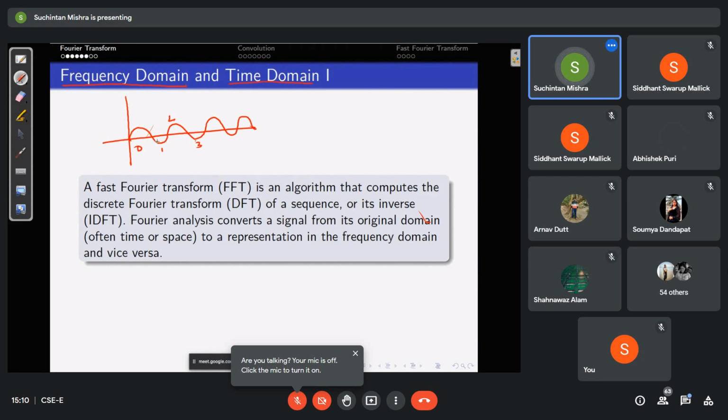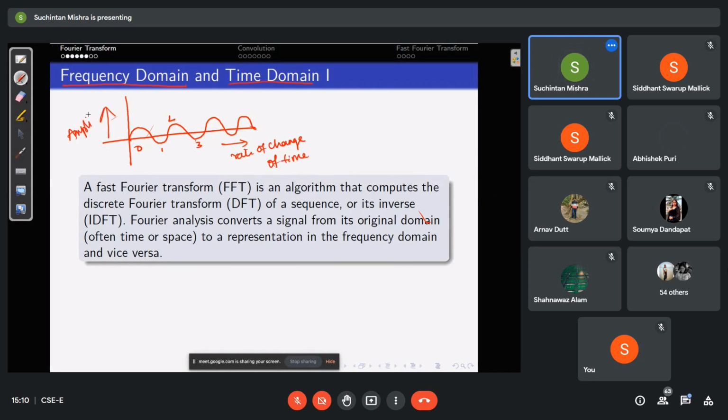Okay, so if a signal is represented with rate of change of time, then such a representation is known as time domain representation.